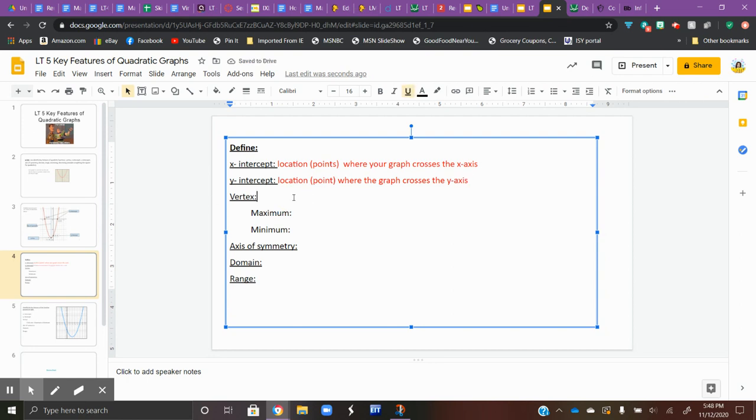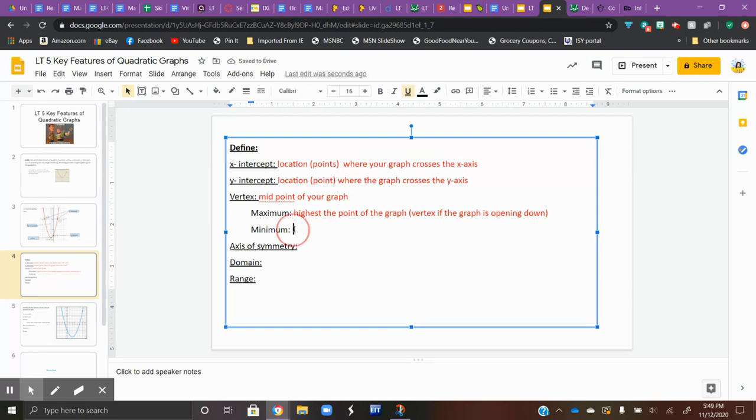And then vertex. We just talked about vertex very briefly, and we said that your vertex is basically defined as the midpoint of your graph. We're going to get a little bit more specific here with these next two terms. More specifically, we have what's referred to as a maximum. A maximum is kind of what you'd think, the highest point of the graph. This would be the vertex if the graph is opening down.